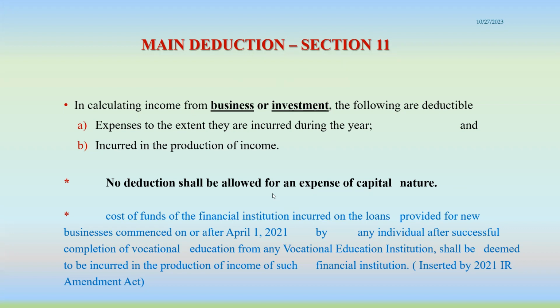Only the revenue nature expenditure can be allowed under Section 11. But there is a specific condition. The first one is that expenditure should be incurred in that year, and that expenditure should be incurred in the production of income. Then only we can deduct that kind of expenses.